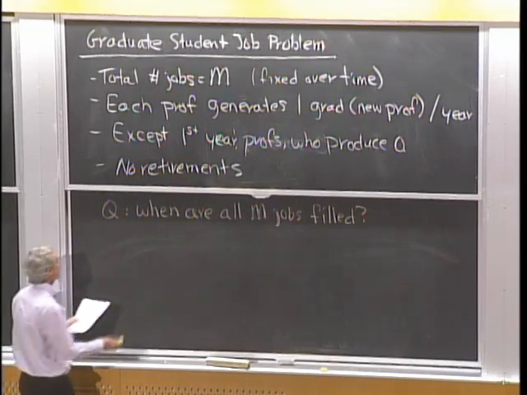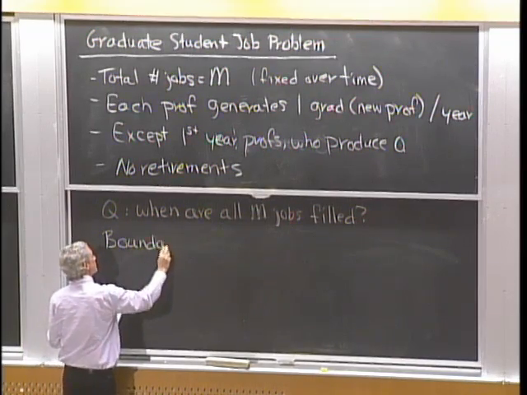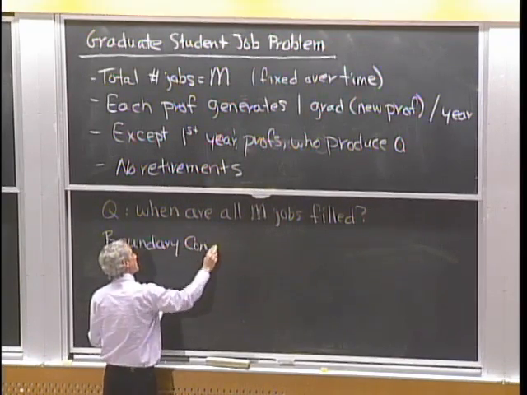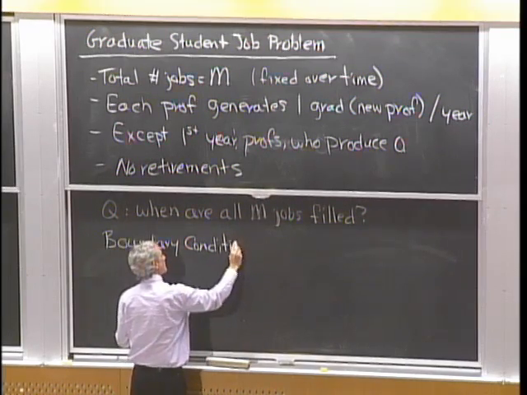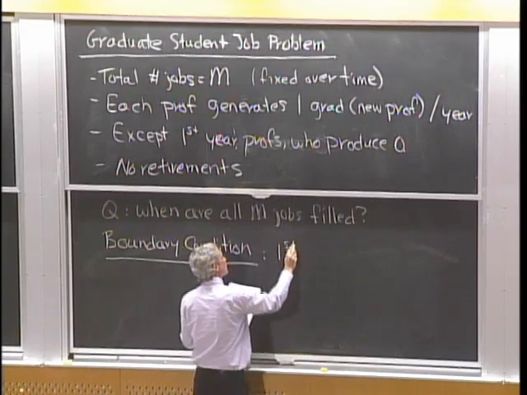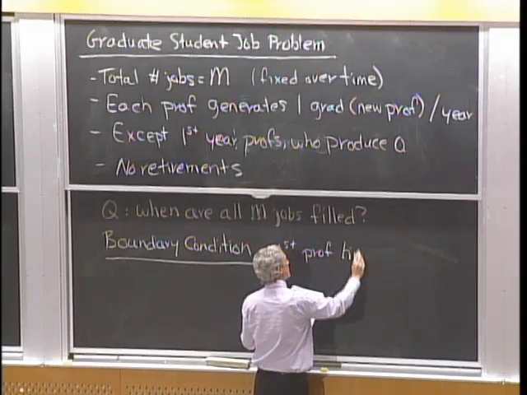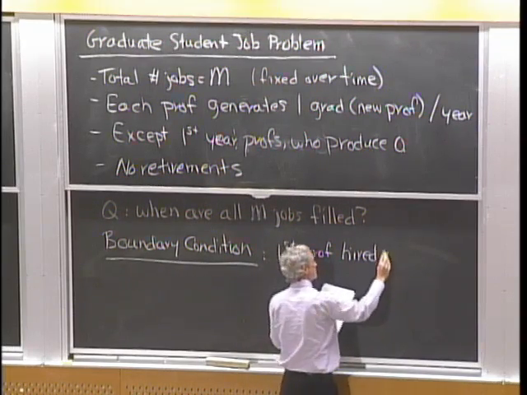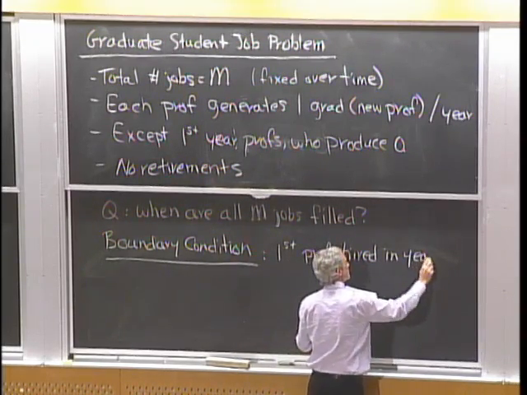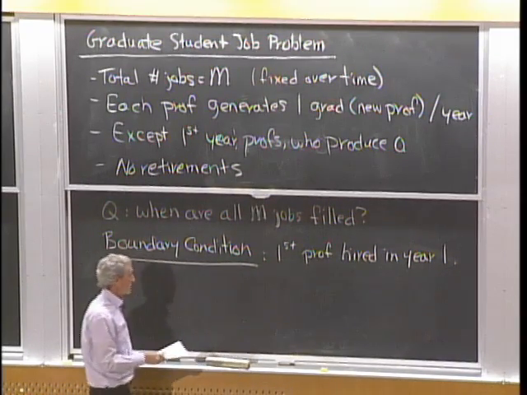All right, so let's say the boundary condition, and this always is important with recurrences, is that the first professor is hired in year 1. And there were none before that person. All right, so in year 1, there's one professor, and that professor's new.